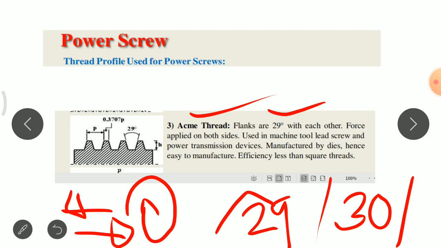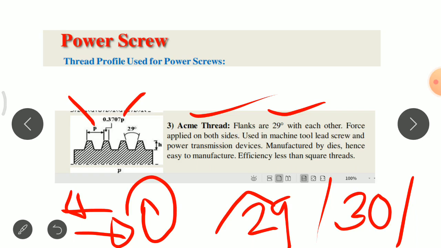Here you can see that the distance P is known as the pitch of the thread, and the top land distance is 0.3707 times P, that is the pitch.